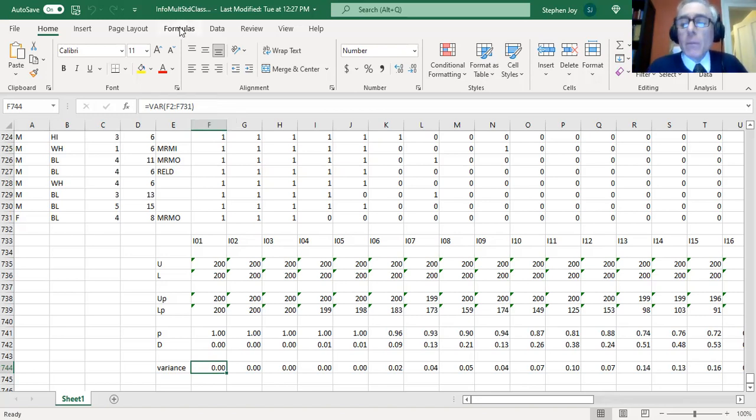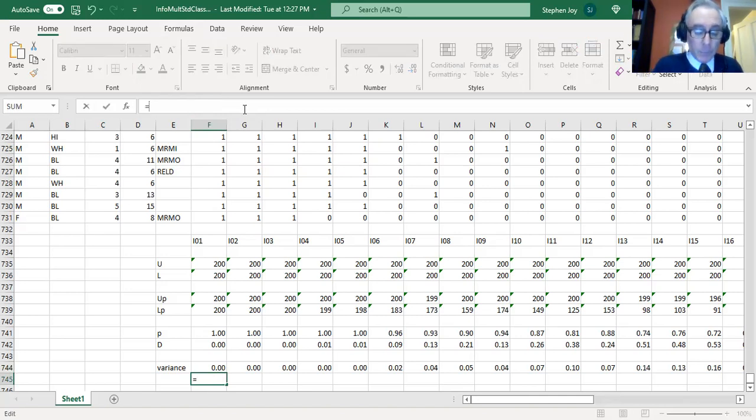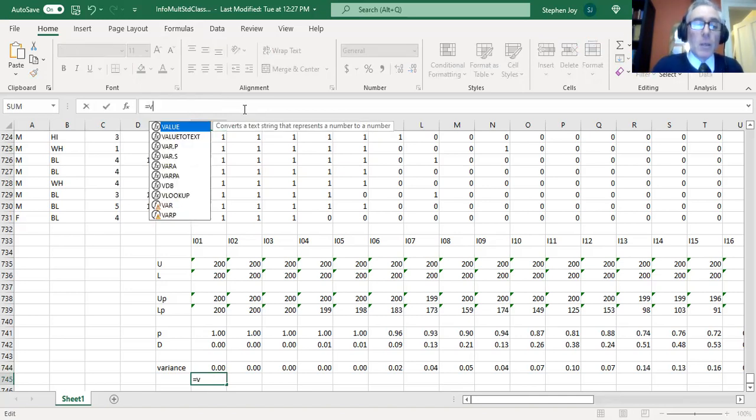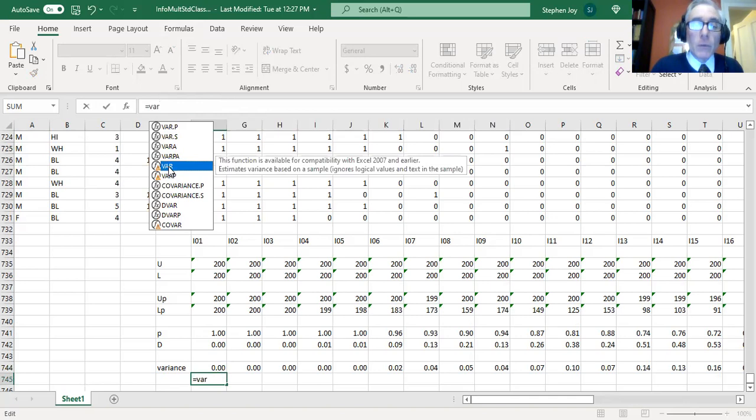If you wish, by the way, if you start to enter a formula, in fact, I'll do it down, the next one down, you'll see that it often suggests ideas of what you might be after. So we'll just say, oh, I wanted to do variance. And well, this is giving us an old form, but that's fine.